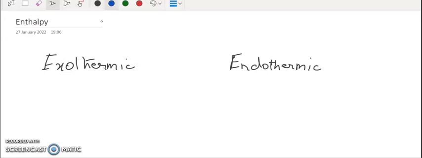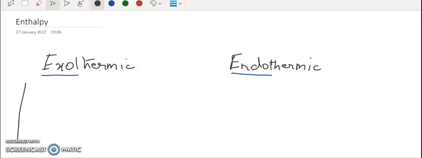As we know from the words, exo meaning outside and endo meaning inside. So exothermic gives heat energy out, and endothermic reactions take energy in.